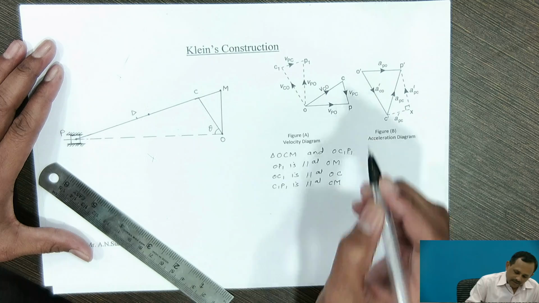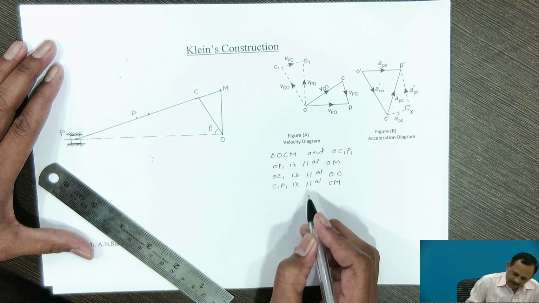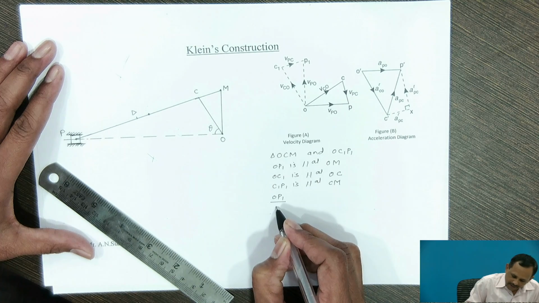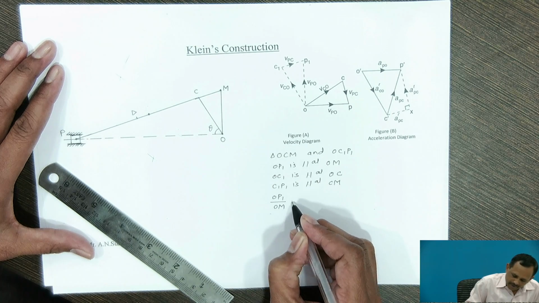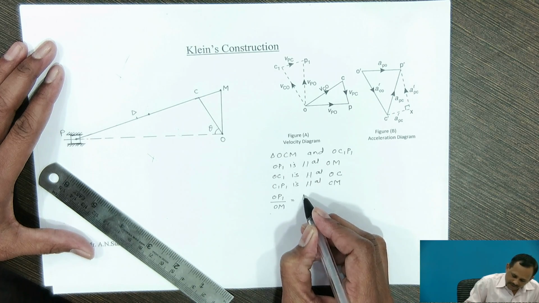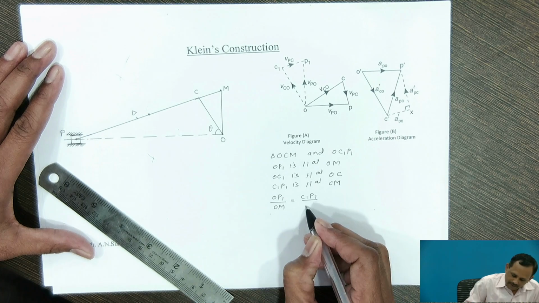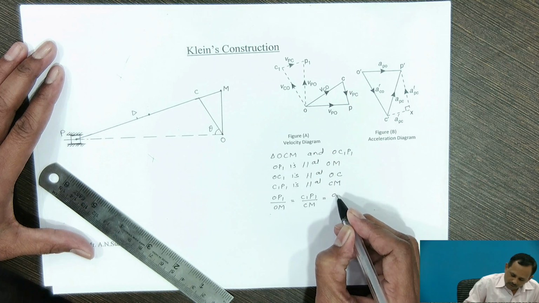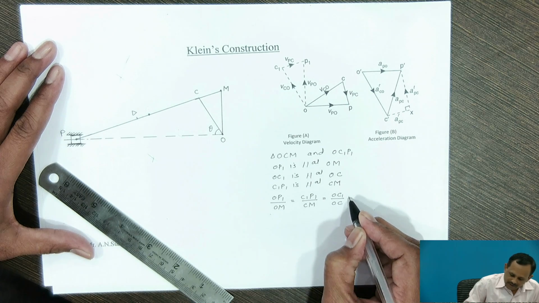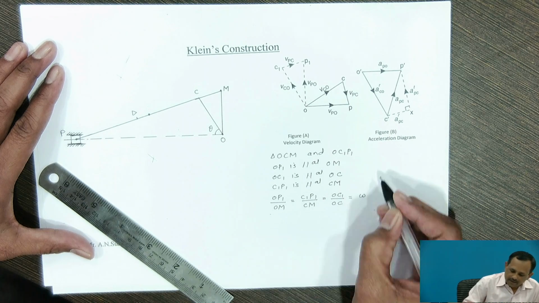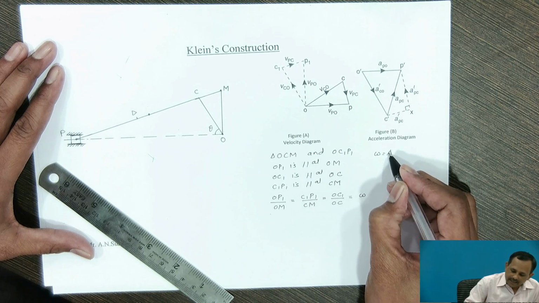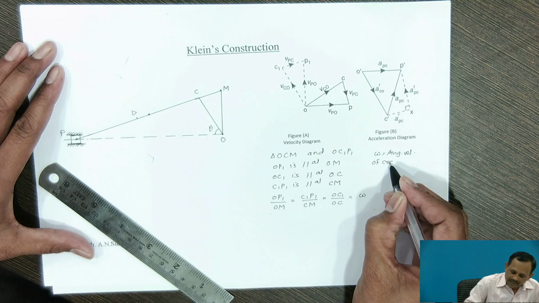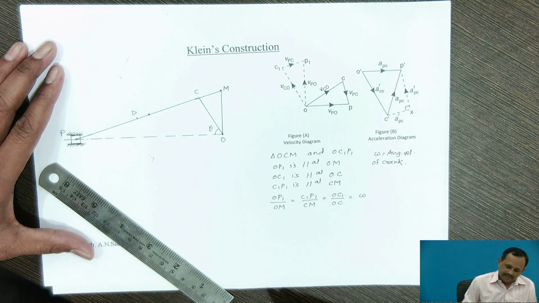Using similarity properties of the triangle, vector OP1 divided by OM is equal to vector C1P1 divided by length CM, is equal to vector OC1 divided by OC, is equal to omega, where omega is the angular velocity of the crank, and the crank is rotating in the clockwise direction.